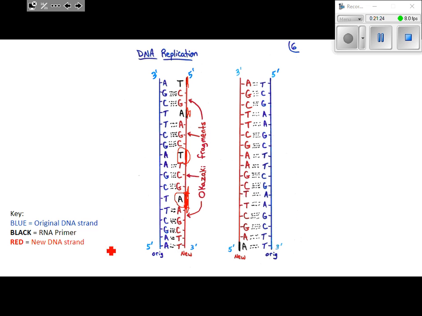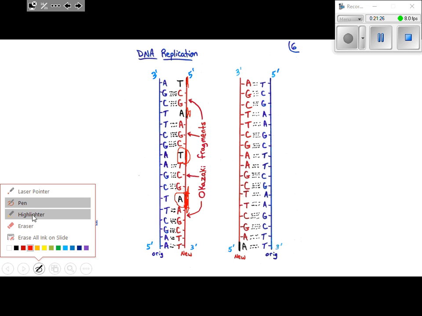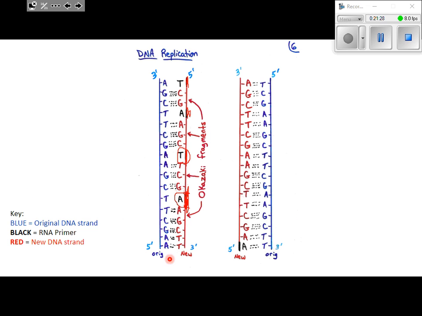Okay, so that brings us through step 6, and the only step that remains is the proofreading and repair step. Let's assume that all the pieces of primer are gone. Even this little piece of primer gets replaced by DNA.